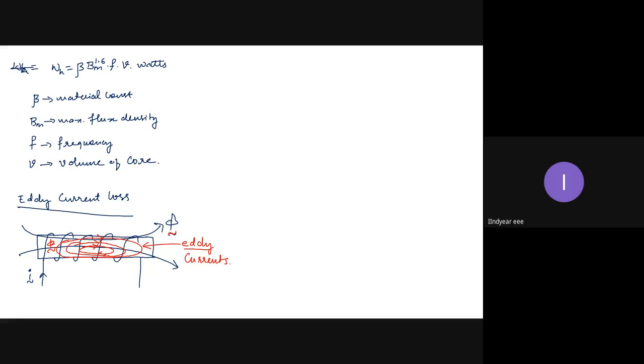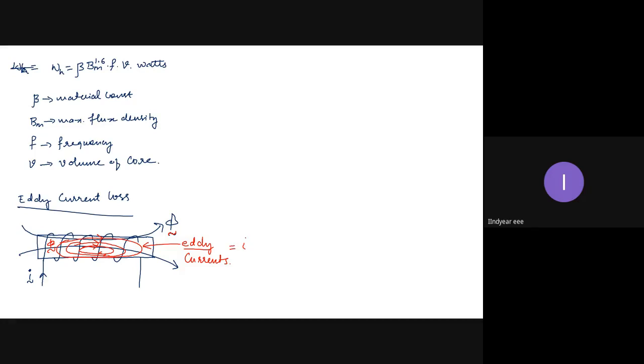And we know that when current flows through a path, it will experience opposition due to the resistance of the path, and it will create a loss. So eddy currents basically are the resistive losses in the core.